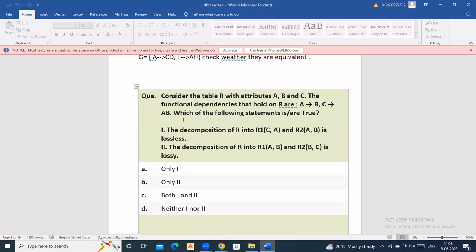What is the question? C, A and AB. So R1 intersection R2 is A, correct? And R1 minus R2 is C. You have not done now. Why? No, see the questions. Do for the second one. That's why you have the option, na?